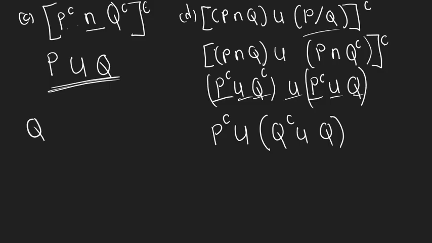When you have set C uniting with Q, are we making sense?